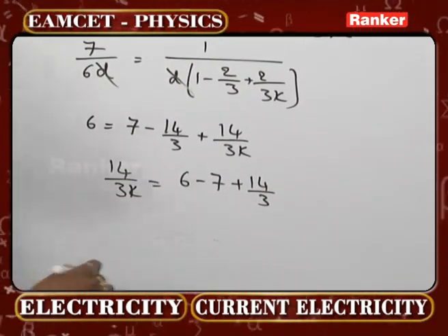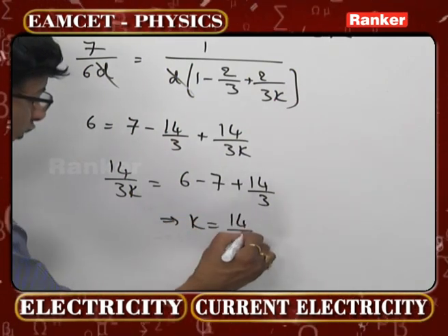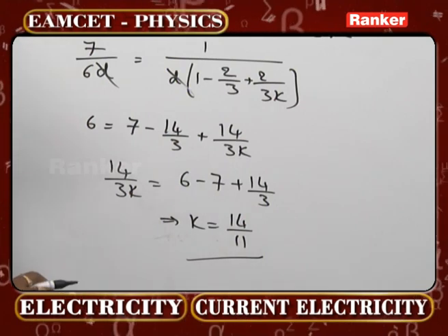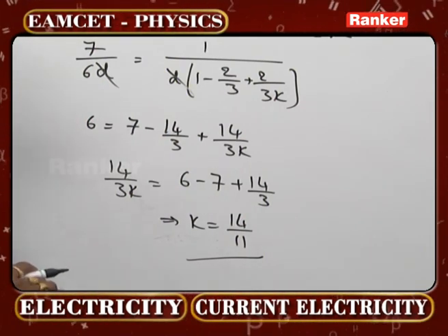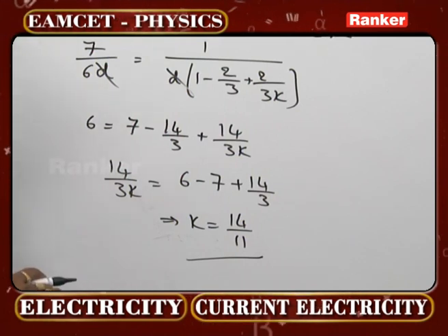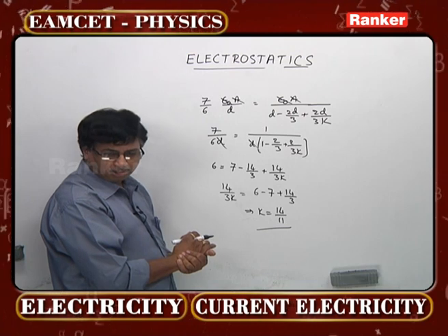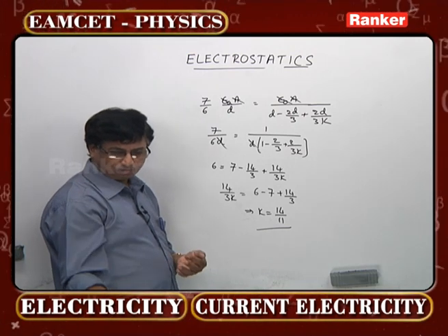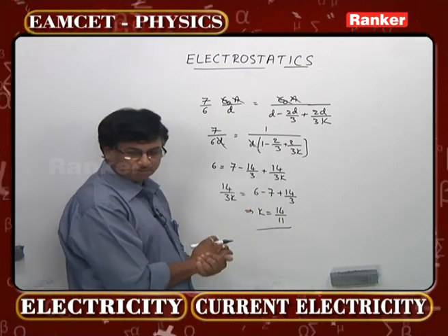K now becomes 14 by 11. That k value will be 14 by 11 you will get. That is going to be the very first option for us. That is the concept what you have to take up here. That means it is the value 14 by 11. So first option is going to be true for this question, please.